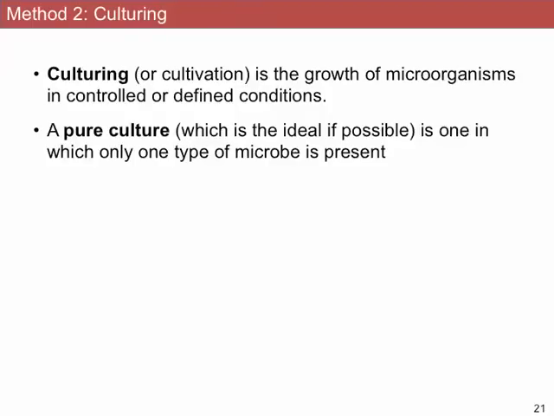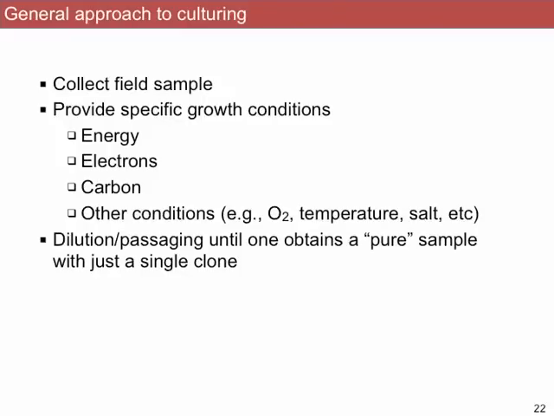That's less than ideal for many studies, and what people really try to do is obtain what's called a pure culture, where, usually through a series of dilution steps, you isolate each individual cell from other individual cells in your sample. Then you grow up copies of that individual cell in isolation from everything else, and that's what's called a pure culture. It allows you to study that individual species in much more detail when it's isolated from everything else.